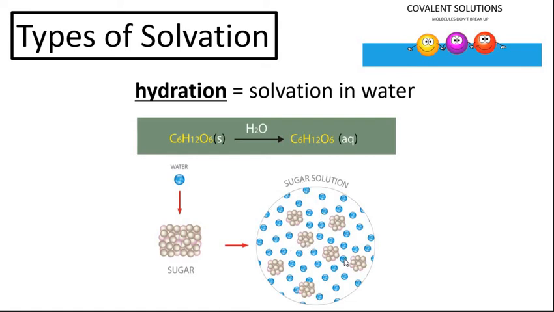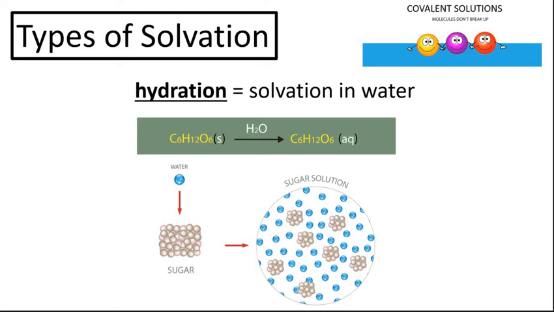Now, they're not going to be a big lump of sugar. You can't see them when you dissolve sugar in water, but it's still sugar and water. Remember, this is a physical combination, not a chemical one. But the sugar is staying intact down to the molecular level.